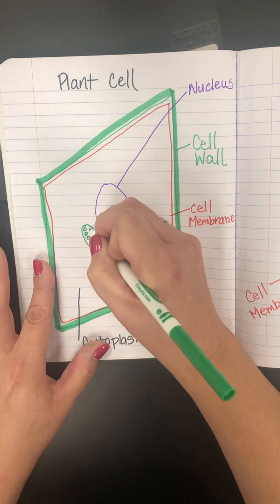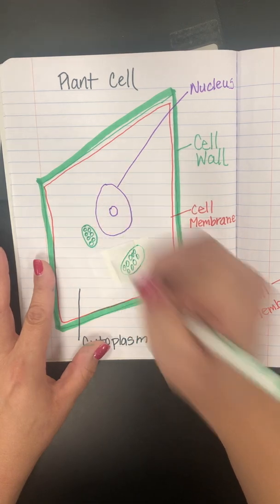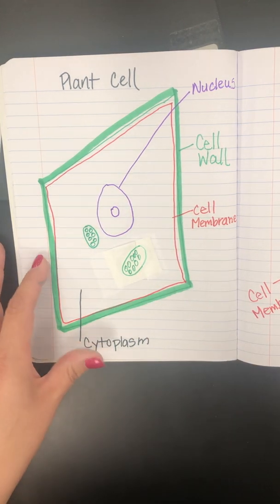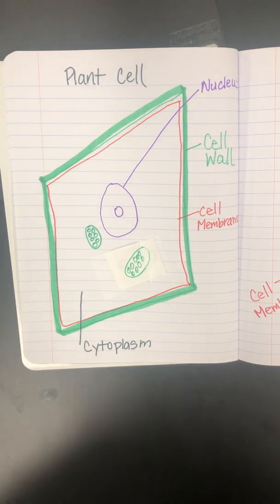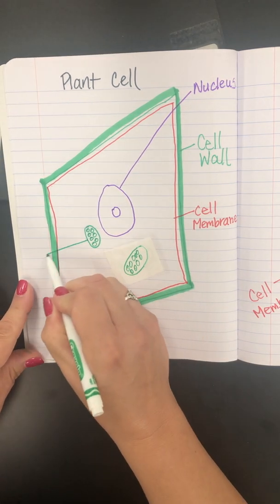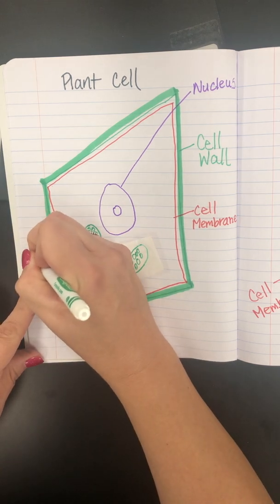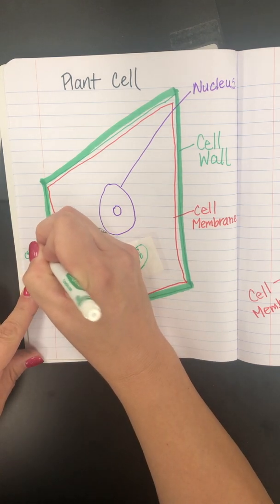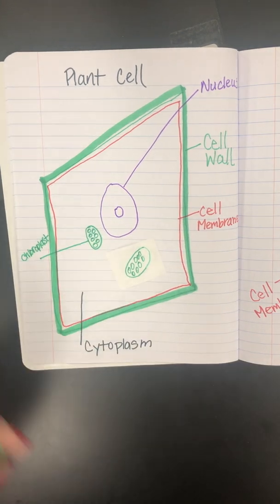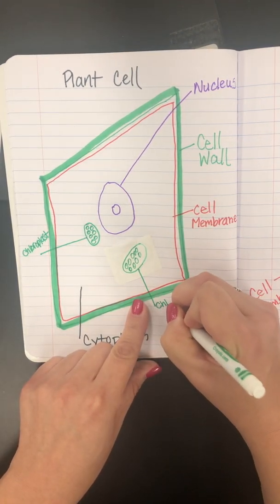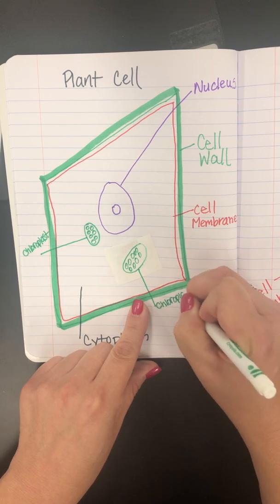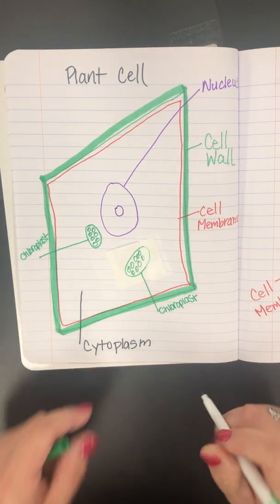This way we know that there would be more than one chloroplast inside our plant cell. Okay, and so I'm going to label one of these out to the side as chloroplast. If you would like, you could also label the other chloroplast that you drew into your plant cell.